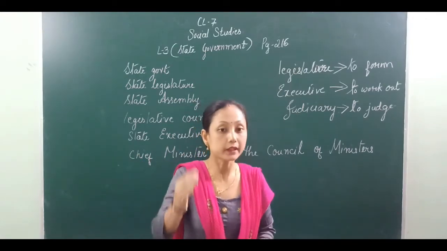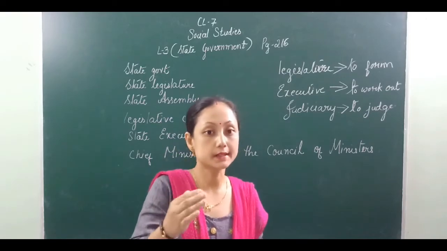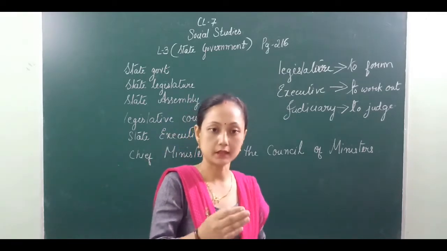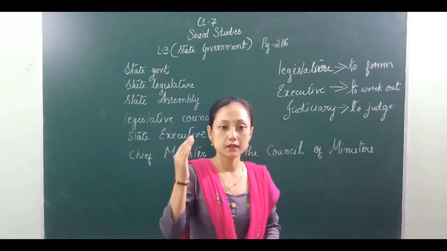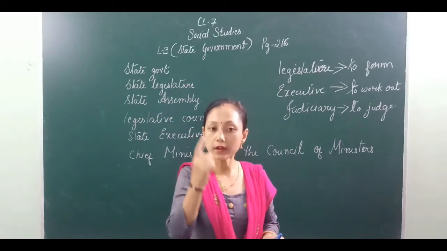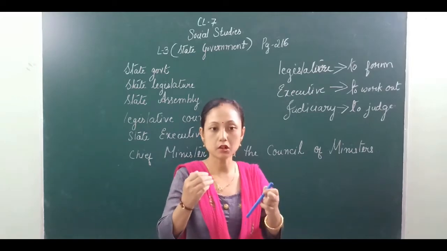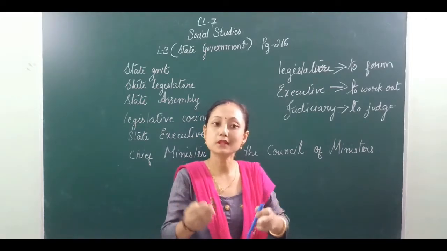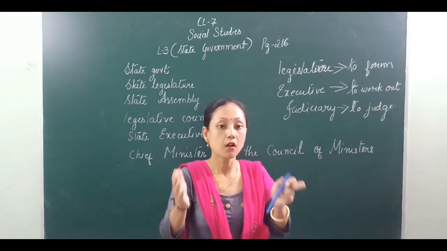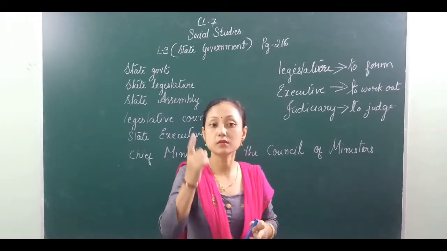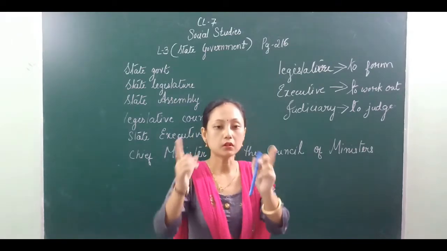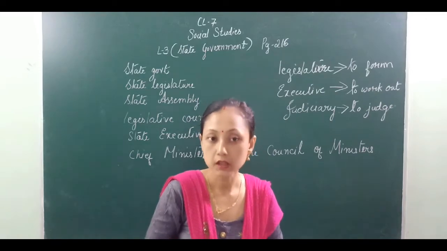But the governor is selected by the president. In some cases, one governor runs many different states. For example, the governor of Assam is not different. Means there is one governor for all the northeastern states of India.